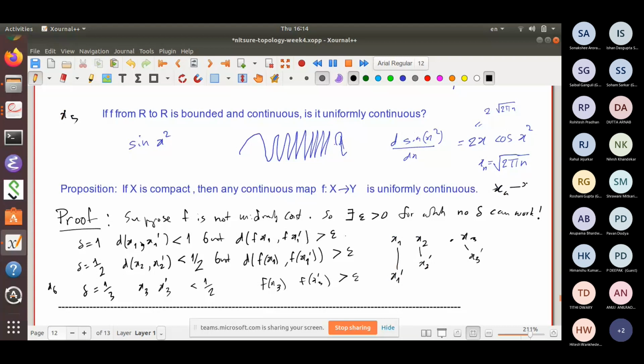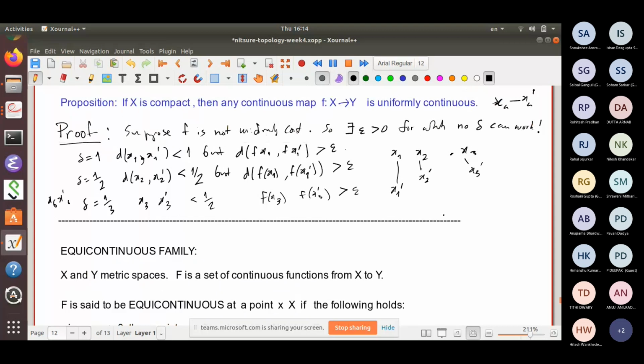And x4 prime is within distance 1/4. And x5 prime, and x6 prime is very close, distance 1/6, and so on. Now, if X is compact, then this sequence has a convergent subsequence. Okay.